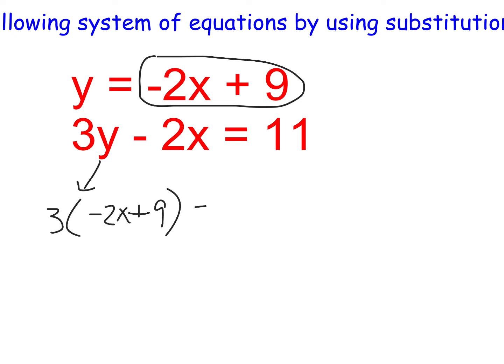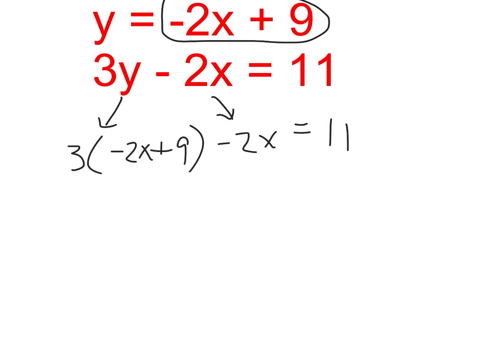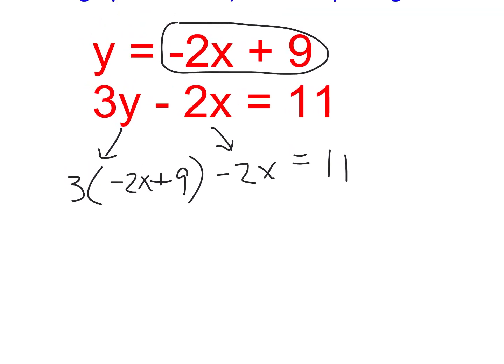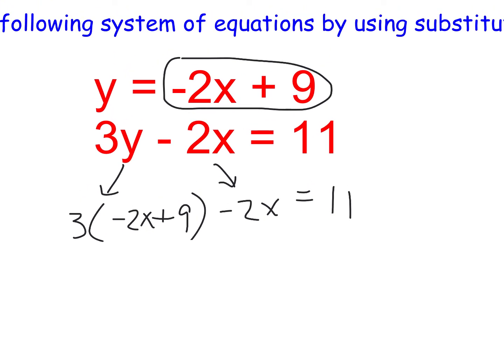Then copy the rest of the problem. -2x equals 11. And then again, it's just plain old multiply things out, solve a normal equation from there. But that one had something that was solved. Y was alone. Just imagine for a minute that this had been -9 plus y.